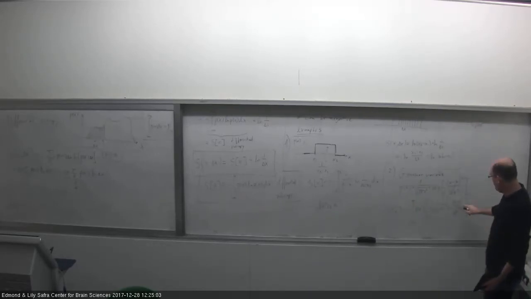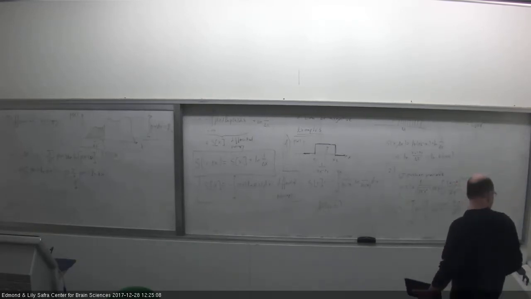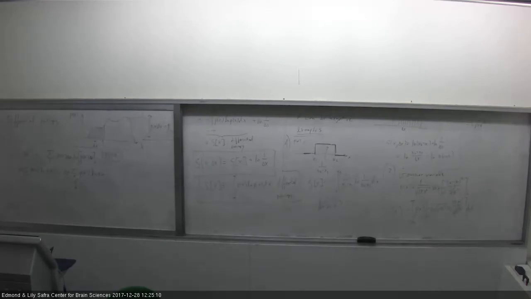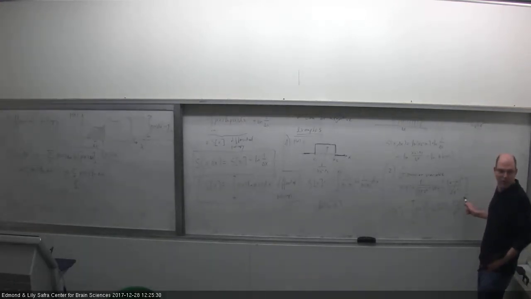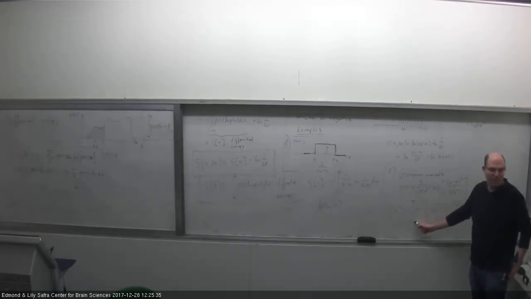Now, what is this? What is the integral of p of x times x minus mu squared? The second moment. It's the variance. We took x, we subtracted from it its mean, we squared, and we take the average over the distribution p of x.